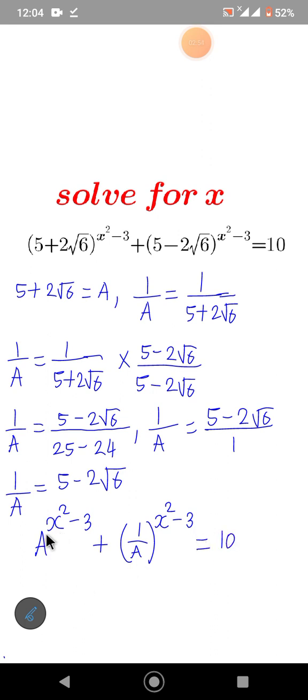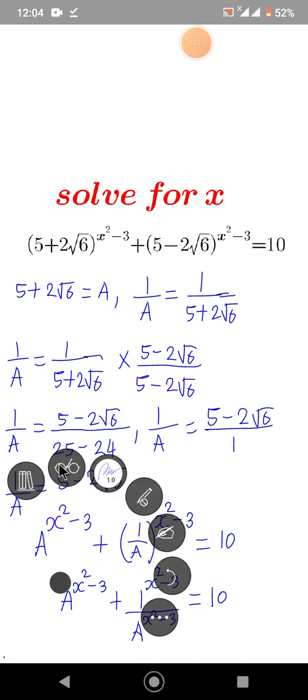Now we have a raised to the power of x squared minus 3 plus, now here will become 1 raised to the power of x squared minus 3 all over a raised to the power of x squared minus 3 all equal to 10.